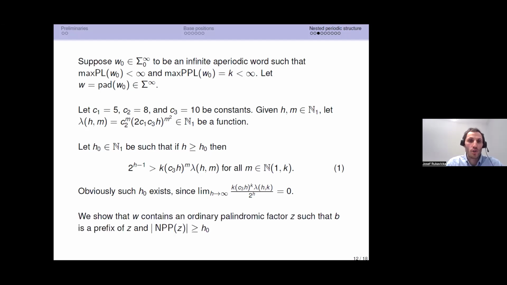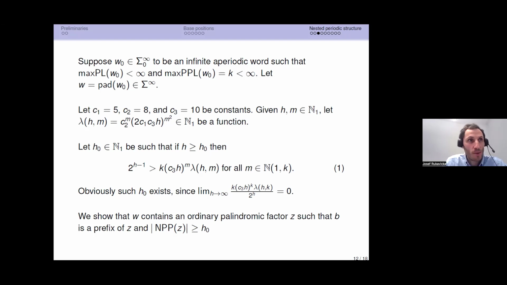Yeah. Also, I will show, this is simple, that in the infinite aperiodic word, for arbitrary h, there is a factor that has h non-periodic palindromic prefixes.